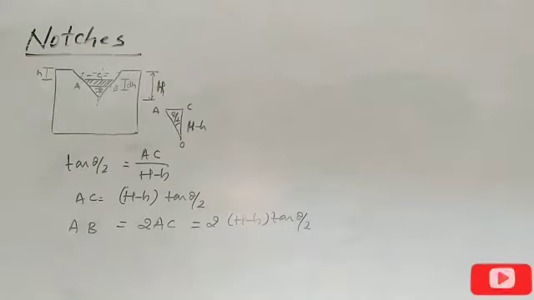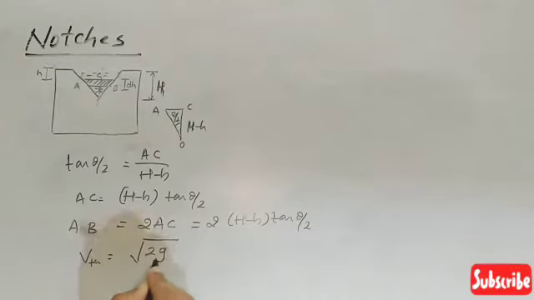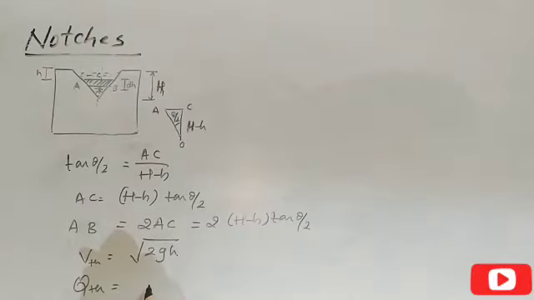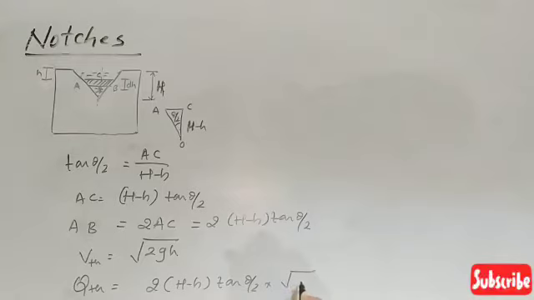Now the theoretical velocity through this notch is given by root 2gh. Now the theoretical discharge dq is given by 2 times (H minus h) tan theta by 2 into root 2gh into dh.